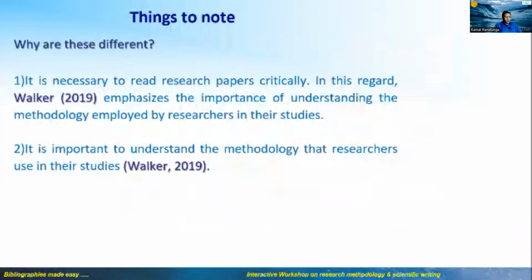Now, we'll come to some of the examples if time permits, but before that, there are a few things that I need to highlight. For example, here, the difference when the in-text citation is part of a sentence, and when the in-text citation is at the end.